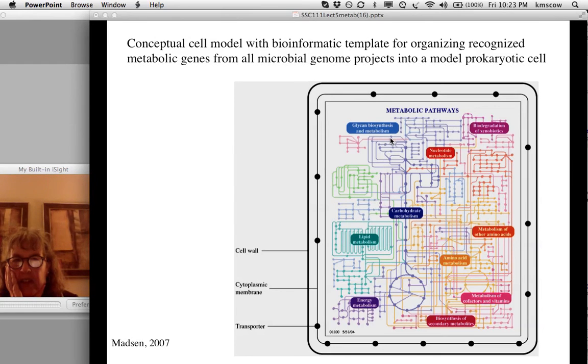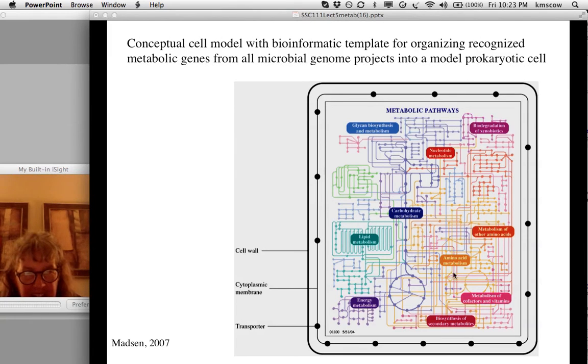It's a depiction of bioinformatic information from a genome sequencing project, sequencing the whole genome of a particular prokaryotic organism, and then taking all that information of all these different genes and showing their interconnections in this figure, showing how really complicated and interrelated these different types of metabolic reactions going on are.